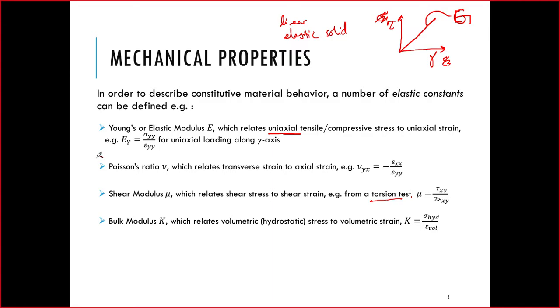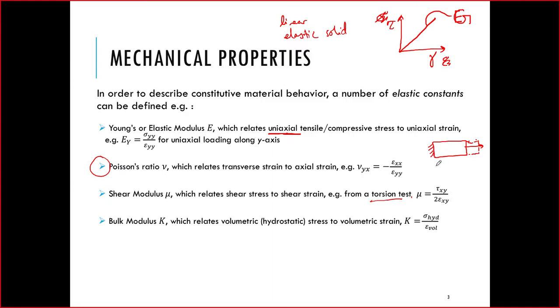I skipped through the Poisson's ratio. Let me go back to it just for the sake of completion. So Poisson's ratio is basically when we are applying, let's say in a uniaxial test, this is my uniaxial material and I'm pulling it in this direction, then what we observe physically is that as it extends in this direction, it tends to contract laterally.